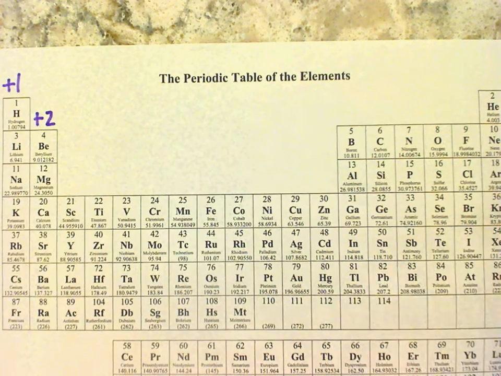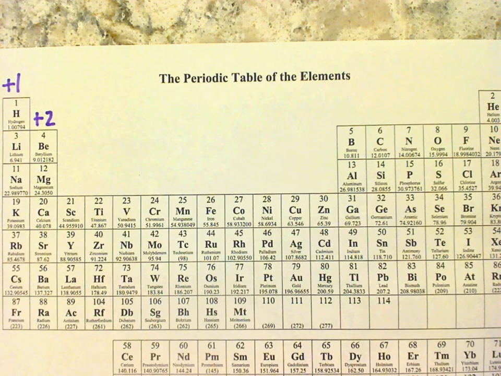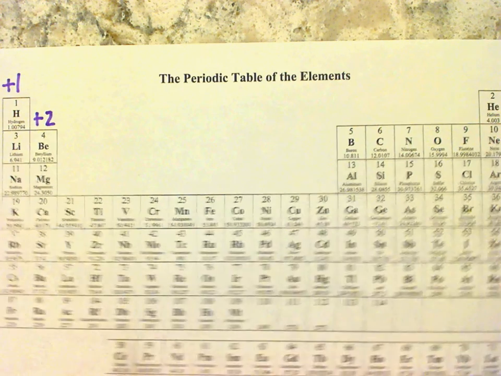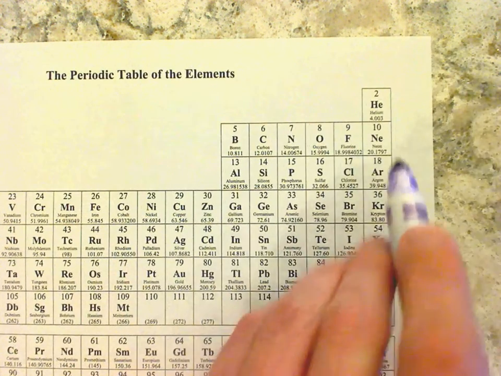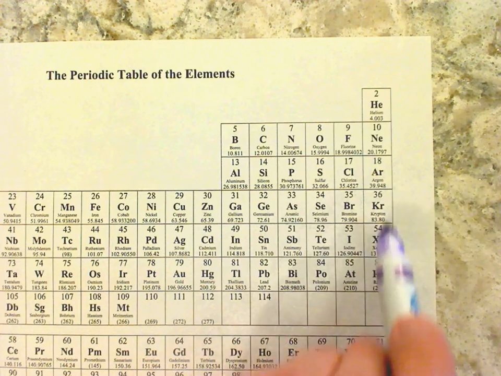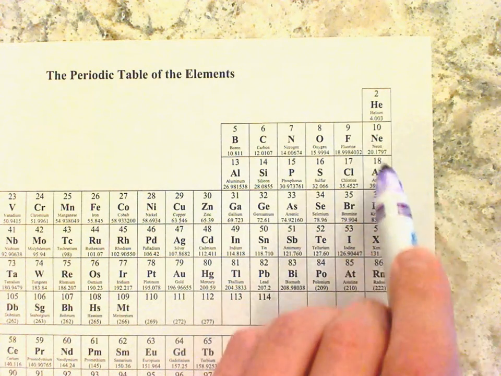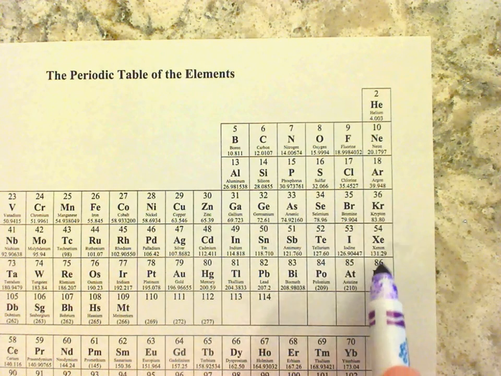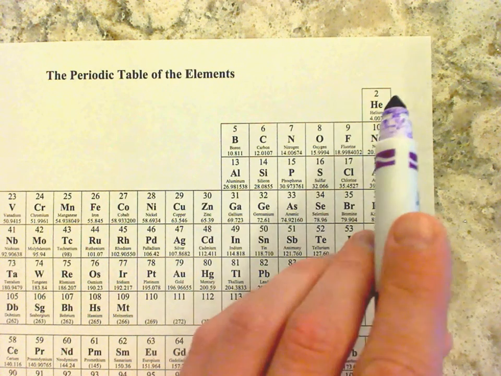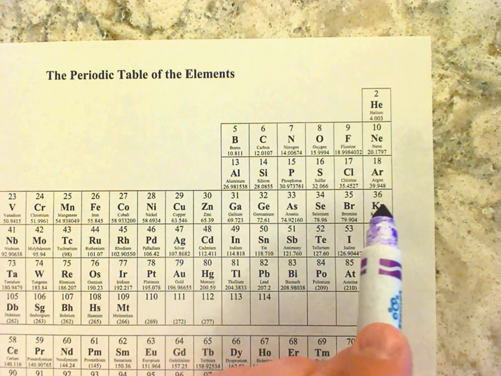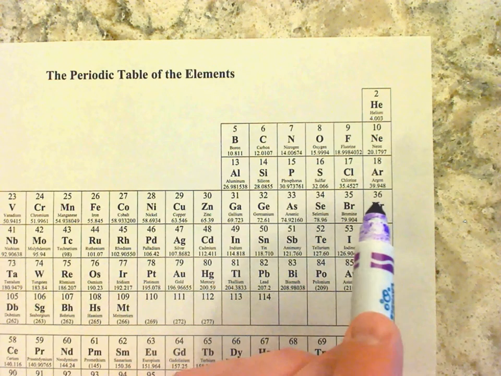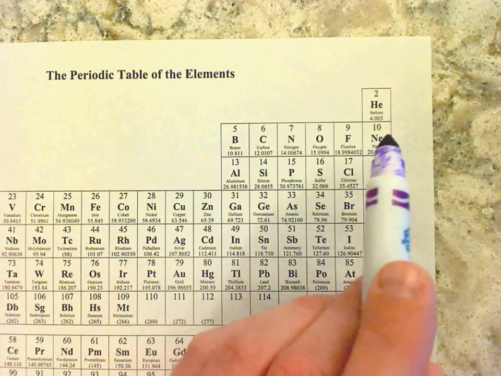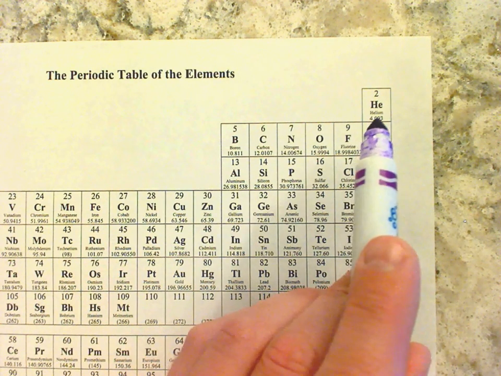From there, we're going to switch over to the other side of the periodic table. You guys may have talked maybe last year or a couple years ago about these things called noble gases. This column here, all the way on the right, these are all noble gases, and what makes them special is that they already have a full outer shell. So if you draw out helium's diagram, you're going to see in its first shell it has 2 and it's full.